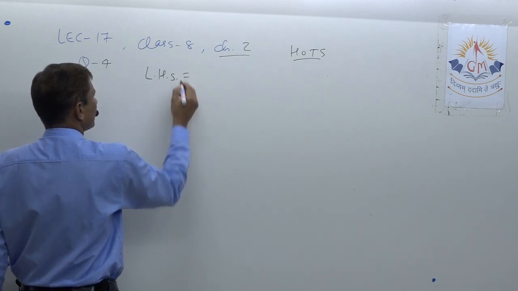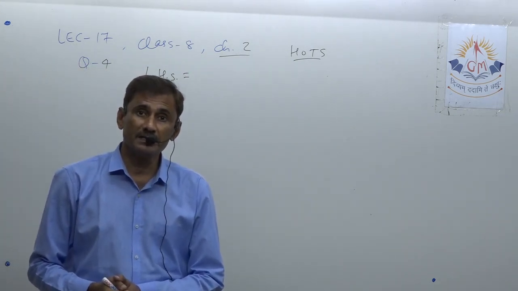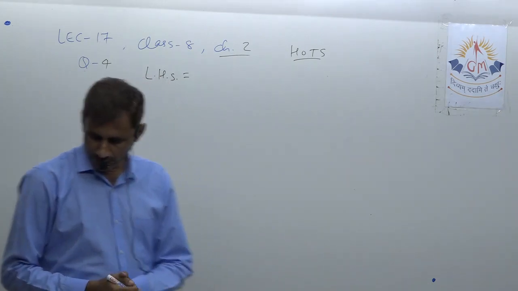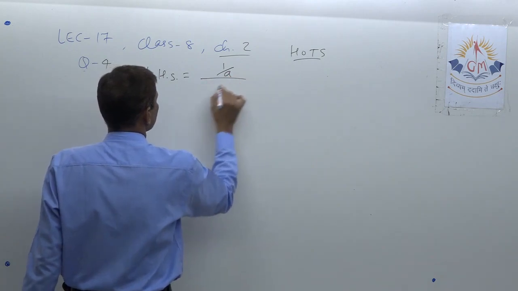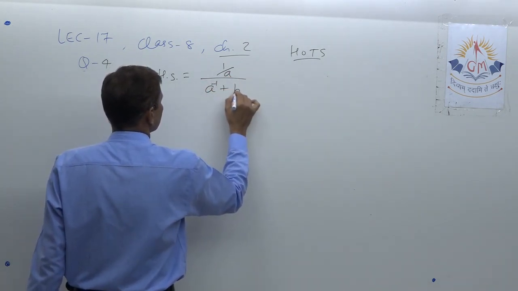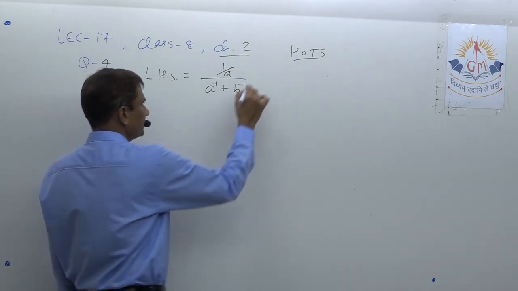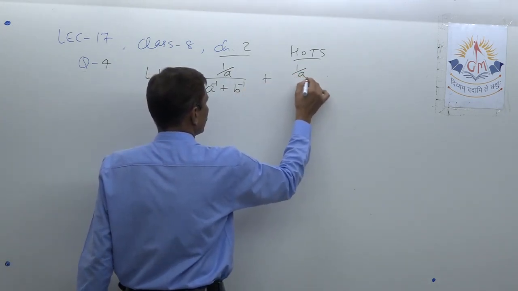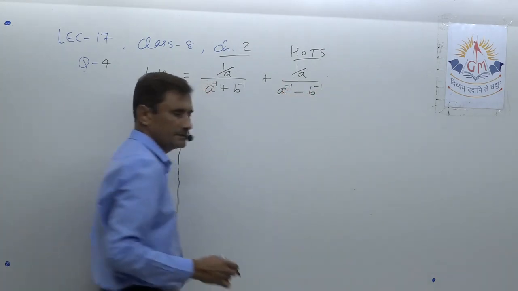And if necessary, we will simplify the right hand side also, if we do not get the right side directly. So 1 by a raised to minus 1 plus b raised to minus 1, plus again 1 by a raised to minus 1 minus b raised to minus 1.